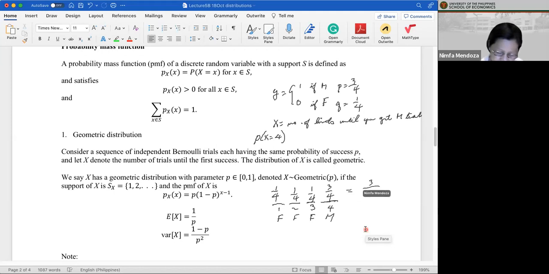It is 3 over 4 to the 4th, or that is 3 over 256.